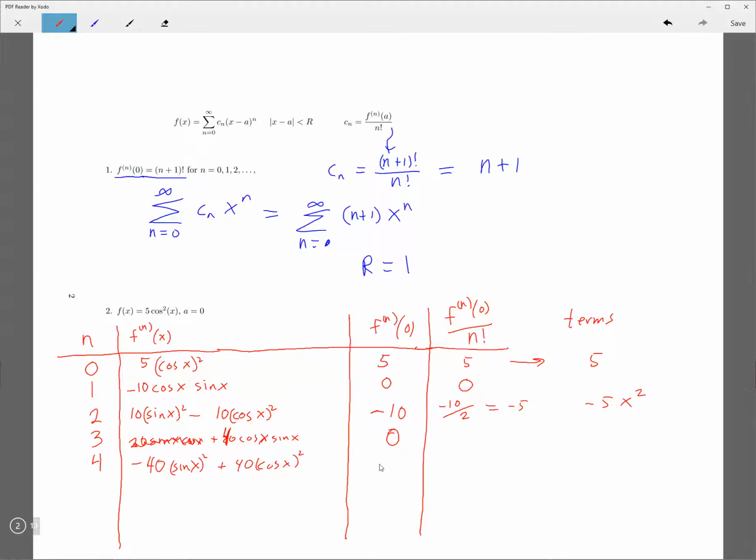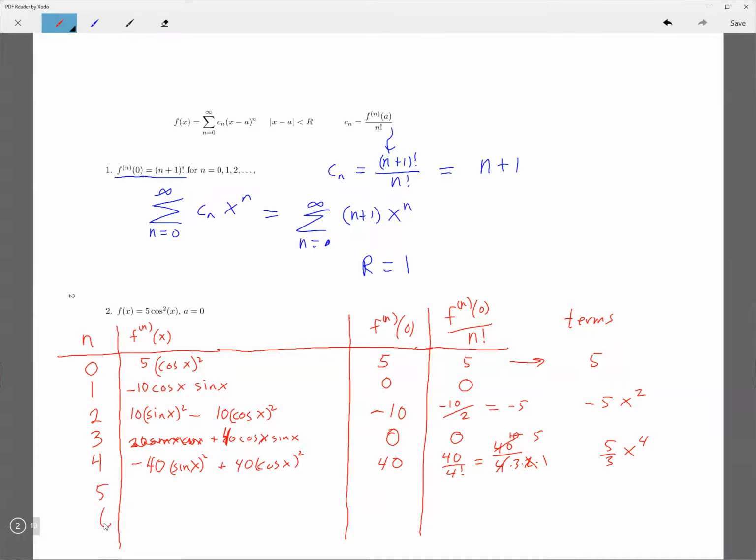And so you plug that in, it's going to be positive 40, right? So this will be 40 over 4 factorial, which is five-thirds. Actually, the fourth is going to be the term.